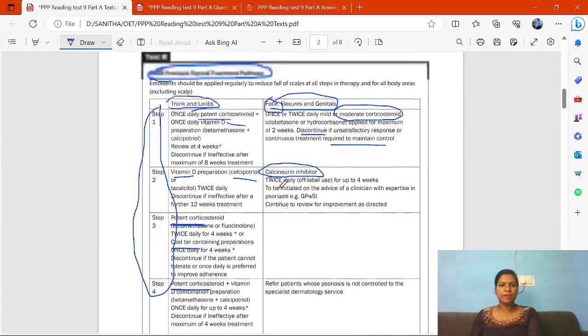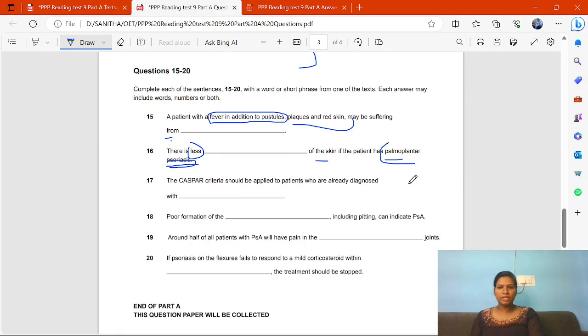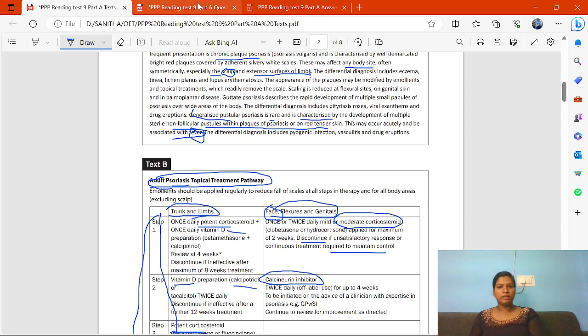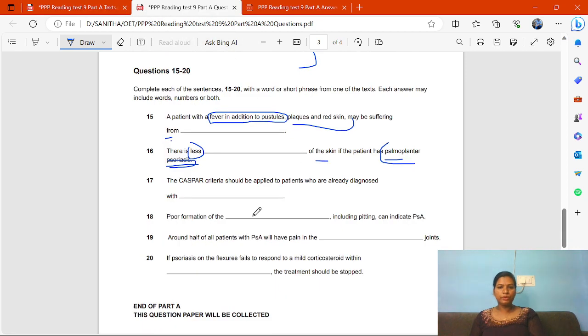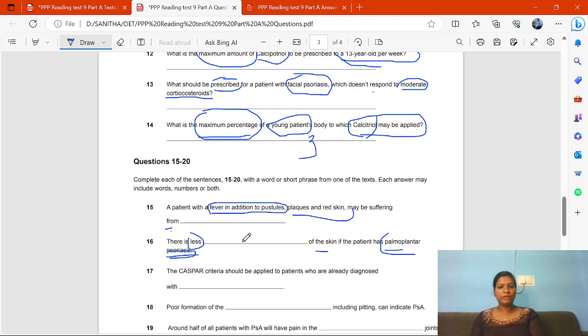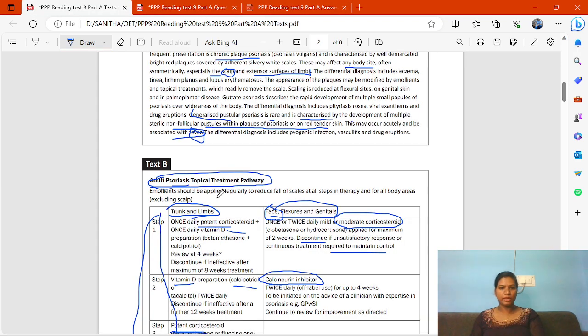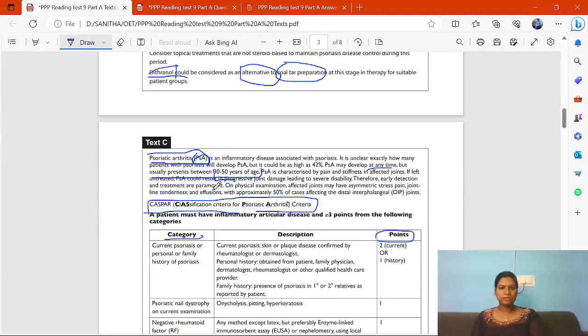What is the question? There is less scaling of the skin if the patient has palmoplantar psoriasis. If it is not in the test, you have to go to the next. Maybe in test C. Go to test C. Palmoplantar psoriasis.